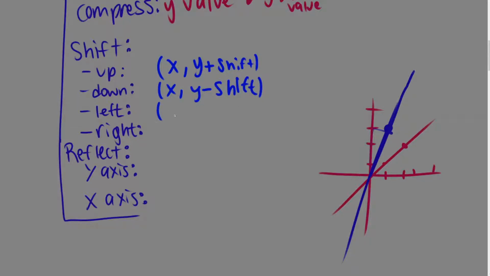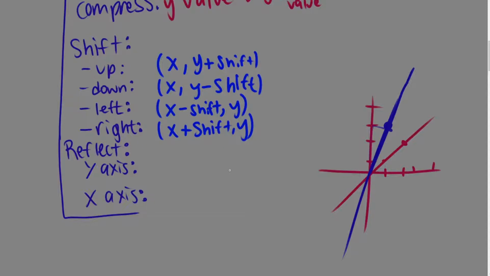When we're moving to the left, we're taking x and subtracting our shift value from it, and keeping our y the same. And conversely, when we're moving it to the right, we are adding our shift value to our x and keeping our y value the same.